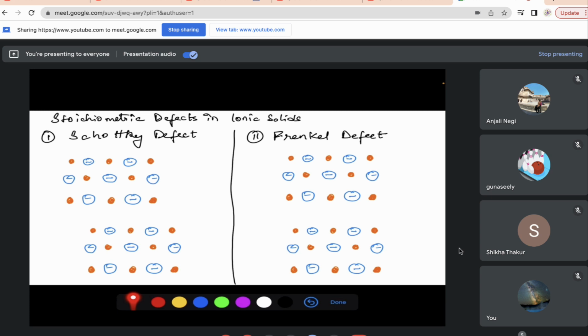So to simply understand this, Schottky defect is the defect in the crystal observed when, you can see, this is a representation of lattice.